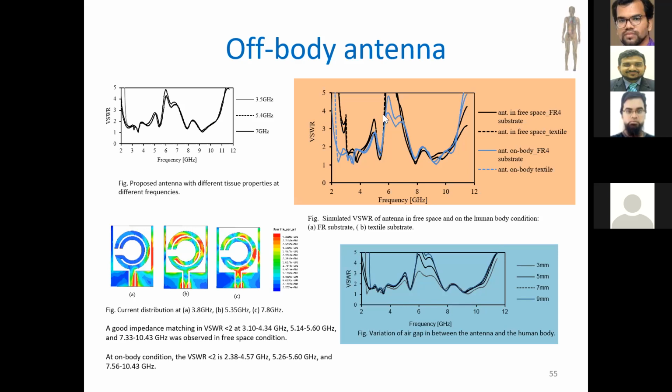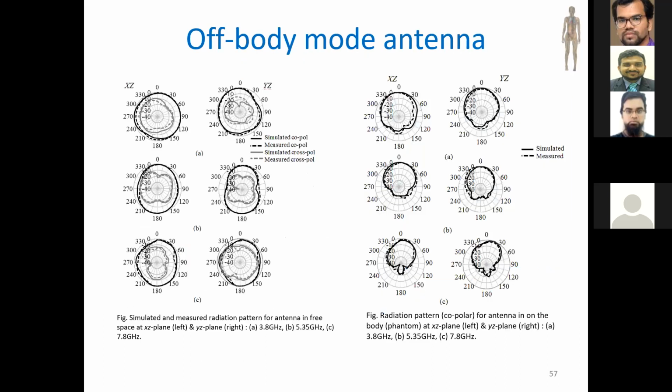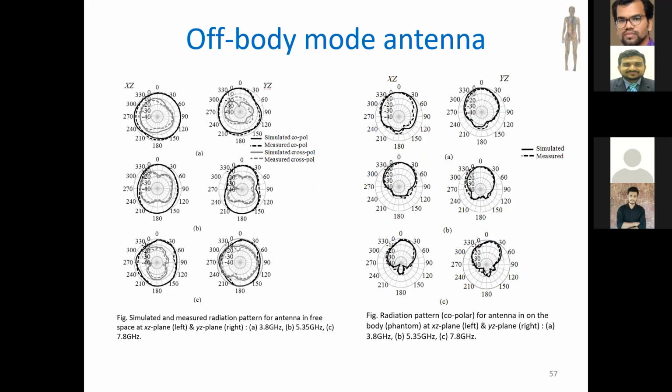There's one interesting thing that needs to be highlighted. In all the left photos, this is very interesting. When it's off-body, where we don't use the muscle equivalent with the device, we get an omnidirectional pattern.